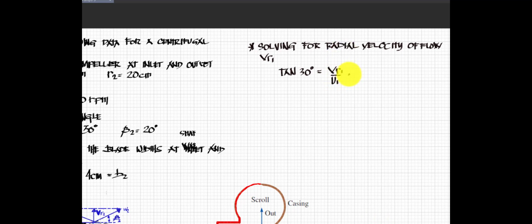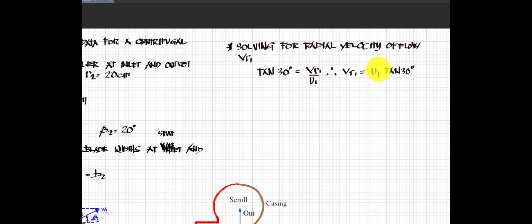Now to get the VR1, rewriting our equation, we have the tangential velocity times the tangent of the 30 degree angle. The tangential velocity can be expressed as your angular velocity times the radius 1, times the tangent of 30 degrees.